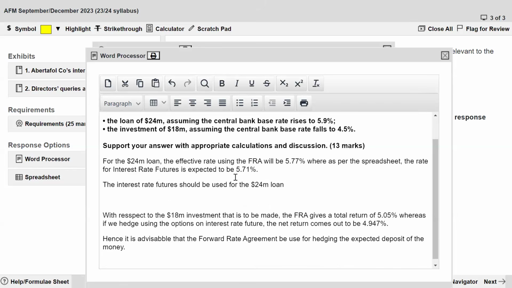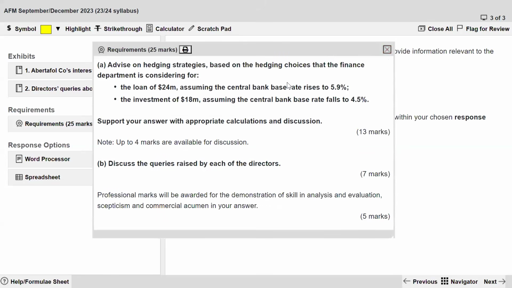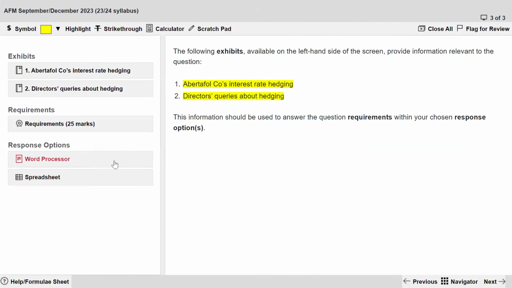So that's what you have to do. That was one of the requirements. Now this is how you deal with interest rate hedging.